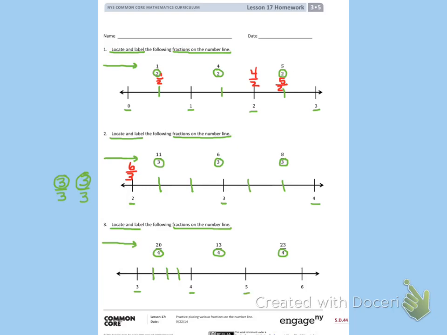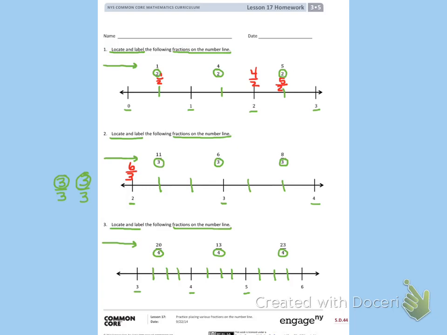Between the 4 and the 5, there needs to be 4 equal parts. Check my work. 1, 2, 3, 4. And between the 5 and the 6, the same. I'll check my work. 1, 2, 3, 4.